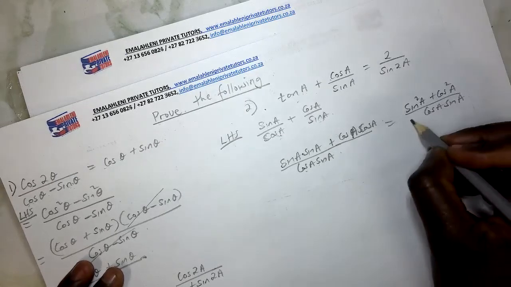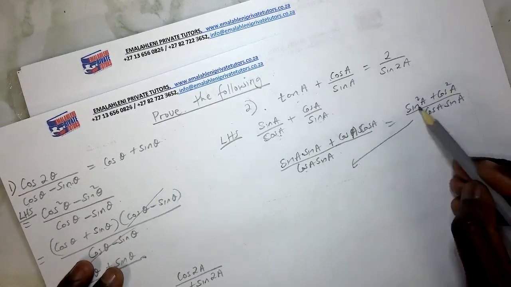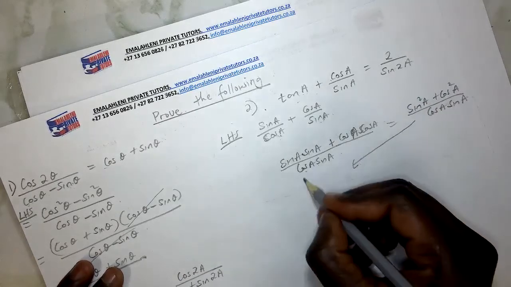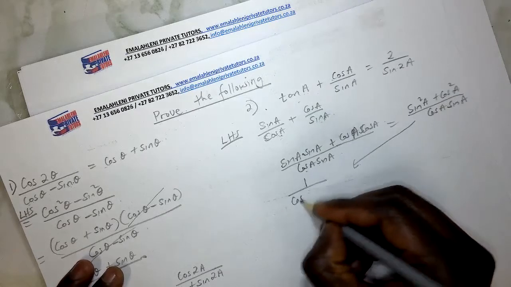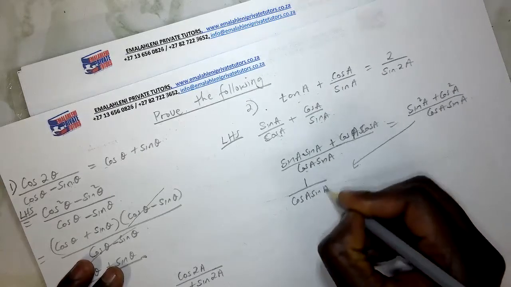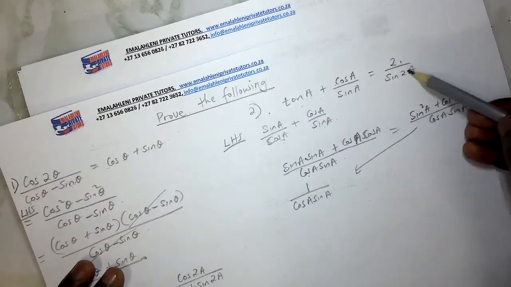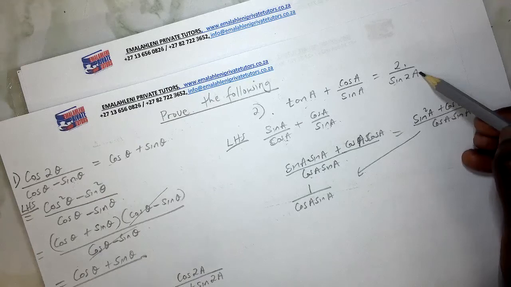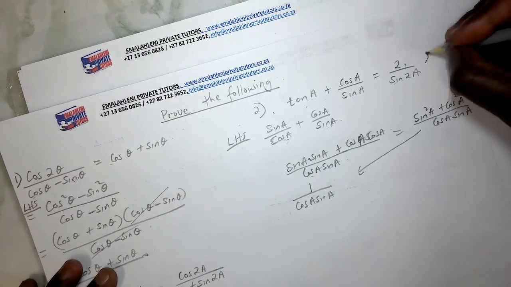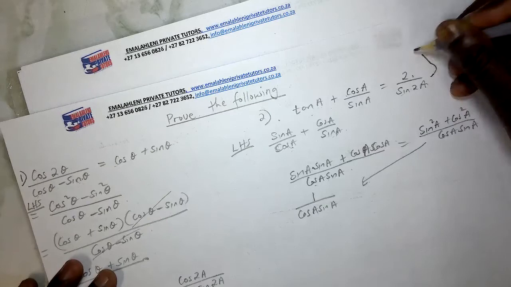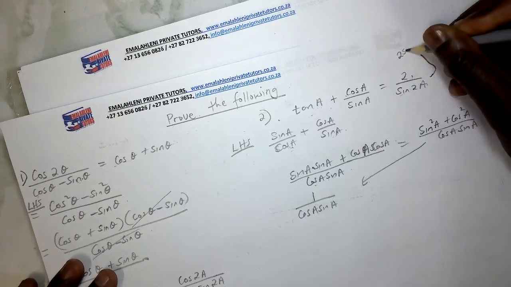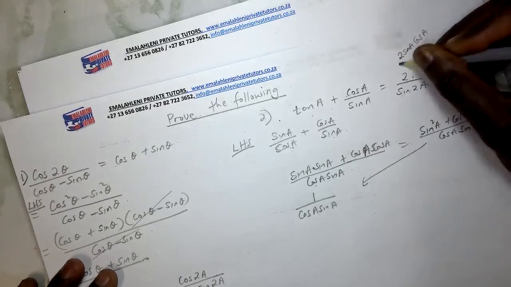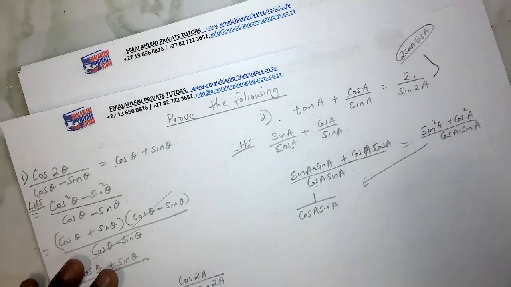But can you see something interesting here? This is our identity that we know, so we replace it with 1. We are left with 1 over cos A sine A. But we are not yet at our answer. We need to prove this. What do we know about sine 2A? Sine 2A is 2 sine A cos A. What do we need here to have this?